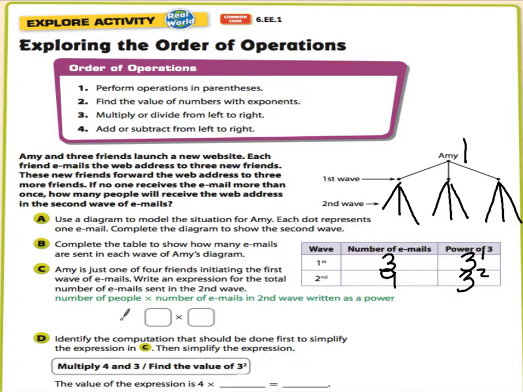So we can say Amy plus 3 to the first power times 3 to the second power. And that should tell us how many people got the email. Okay, so that should tell us how many people got that email in the next round.